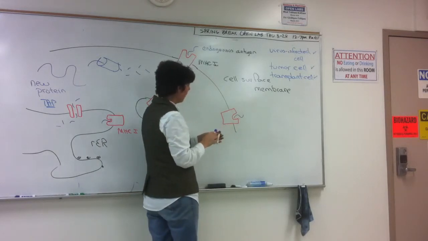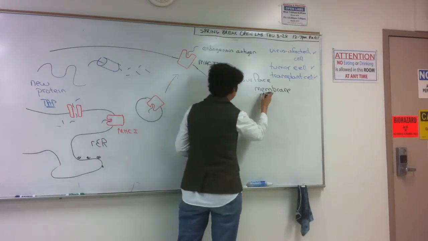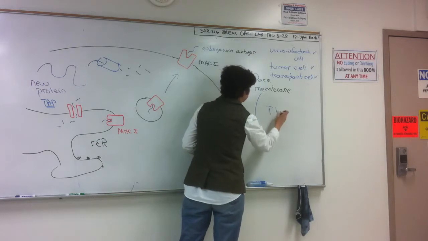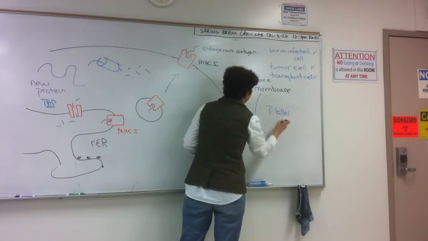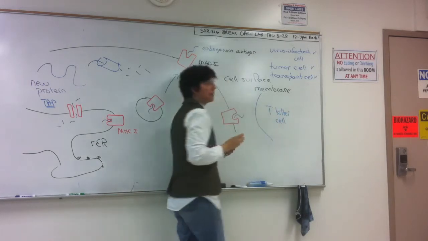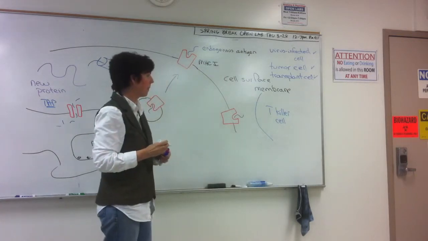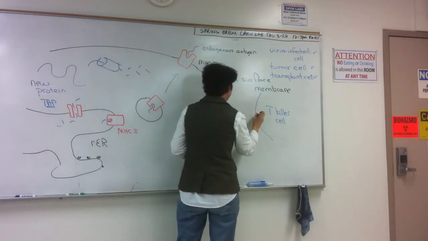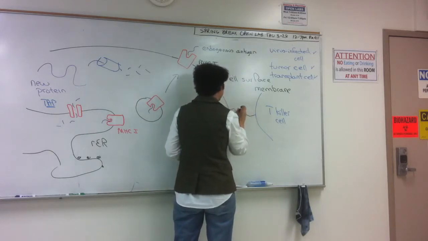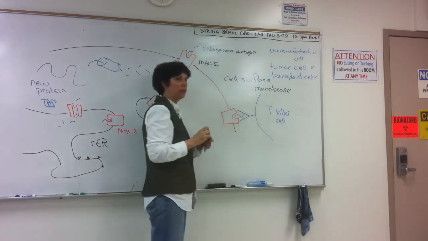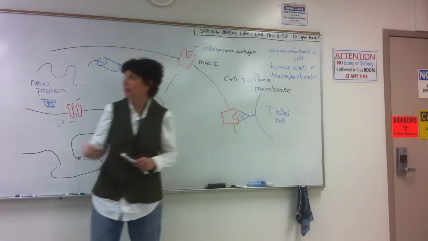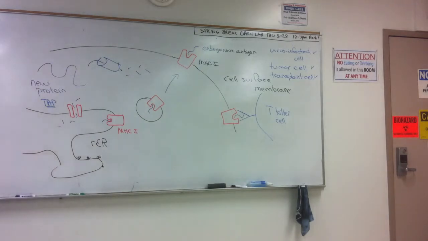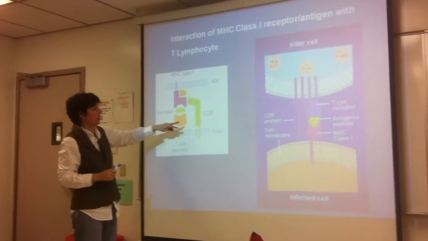So the cell that responds to this is going to be a T killer cell, or T cytotoxic cell. To respond to it, it has a receptor, and we'll look at this process in more detail, that recognizes both the antigen and the MHC class 1 molecule. So that's what's going on here.